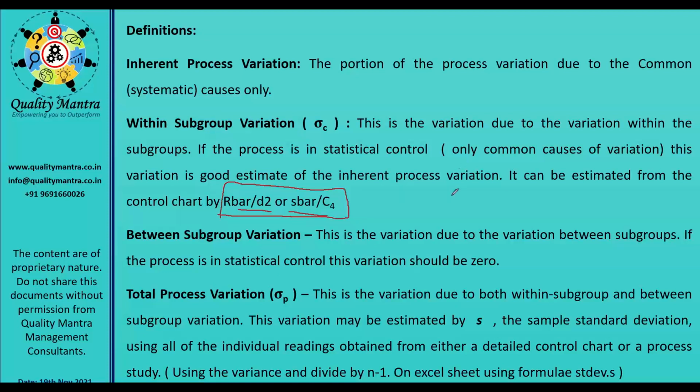Whereas for the calculation of the performance, that is Pp or Ppk, you are going to use the standard deviation, the total process variation, which is calculated using the variance. The first day we learnt about the variance. Even after that many times we talked about the variance. Yesterday also we saw how the standard deviation is calculated.